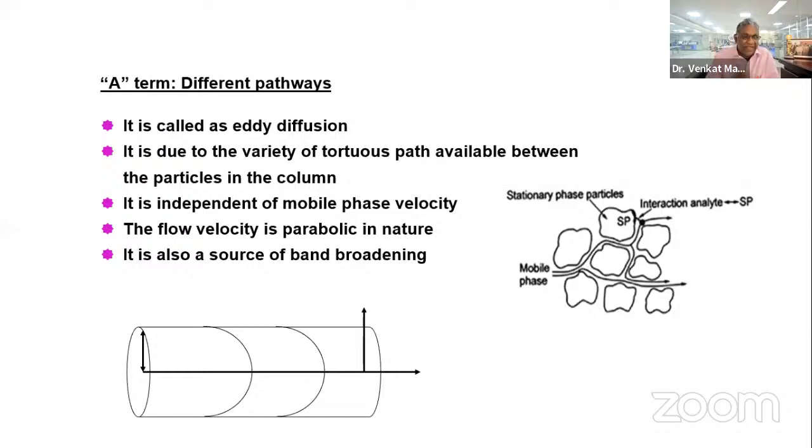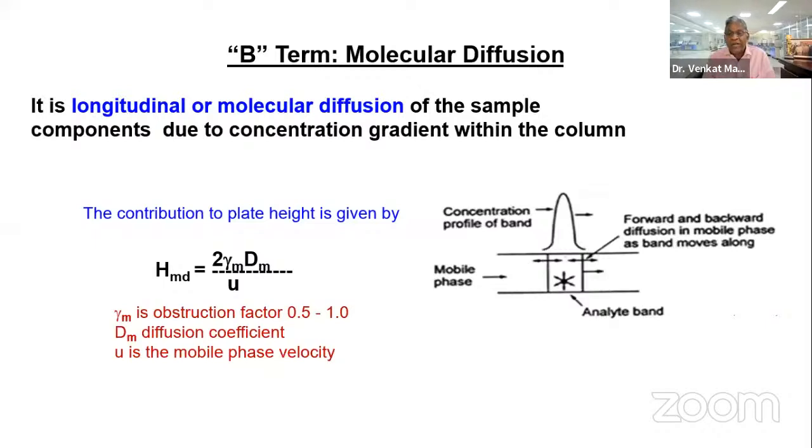Okay, remember this. Two, molecular diffusion. It is a longitudinal or molecular diffusion of sample components due to concentration gradient inside the column. It is not necessary that, for example, molecule A, the entire analyte A, will be simultaneously transferred to the mobile phase.